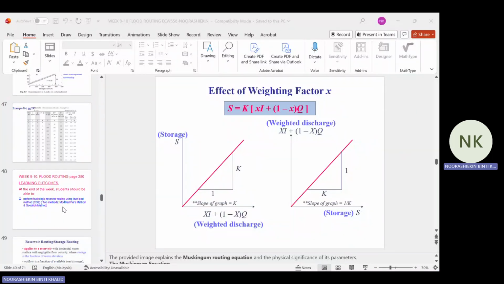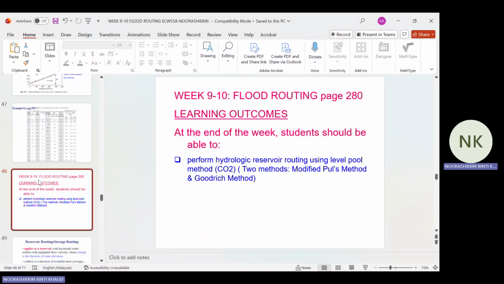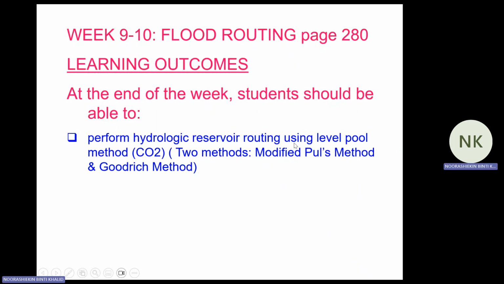Okay, done that one. We go to hydrologic reservoir routing. There are two methods, the modified pool method and the Goodrich method.